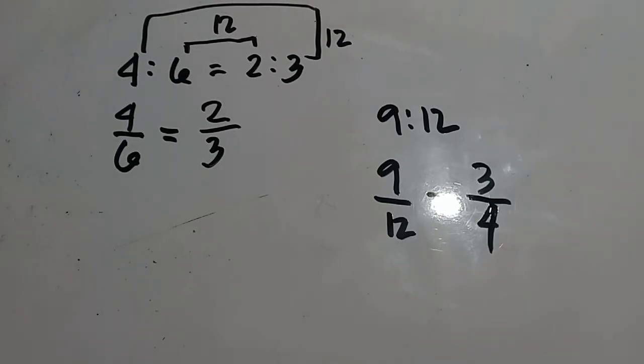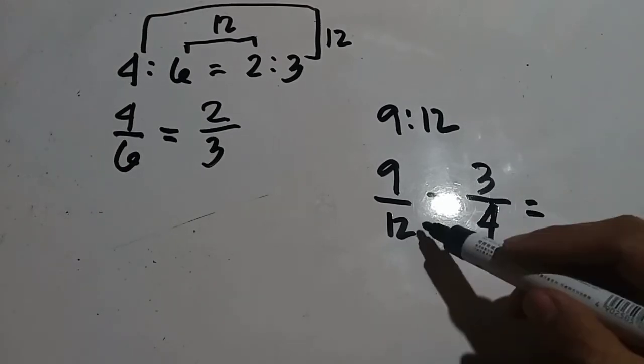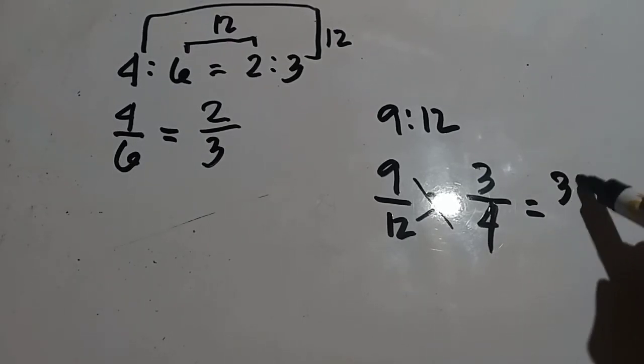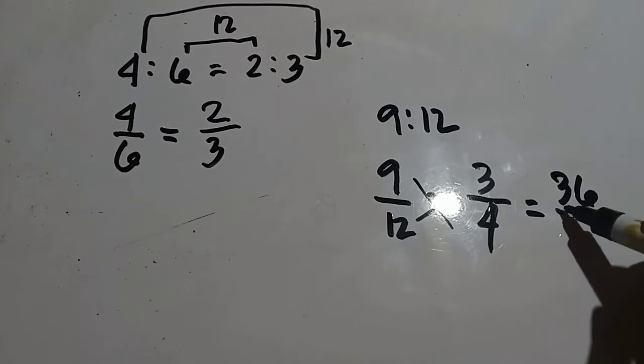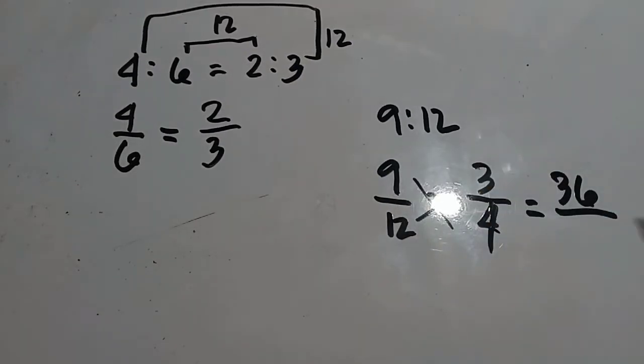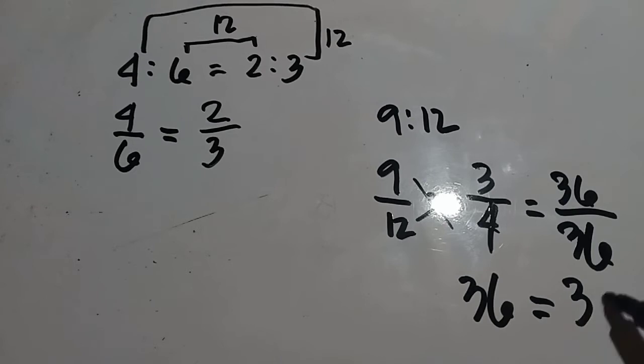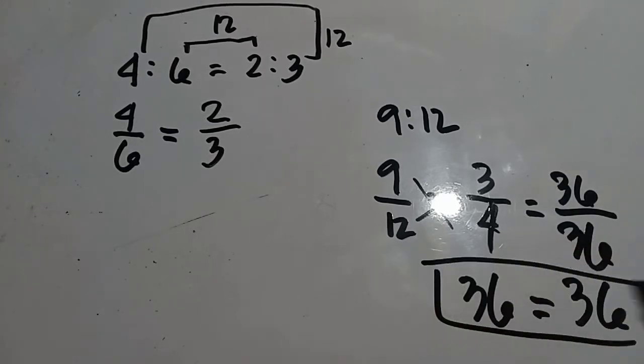So, i-multiply natin. So, 12 times 3, that is what? We have 36. How about 9 times 4, that is 36. Ibig sabihin, ang ating dalawang ratios are equal. So, ito ay example of proportion.